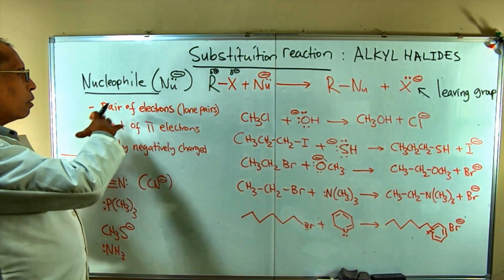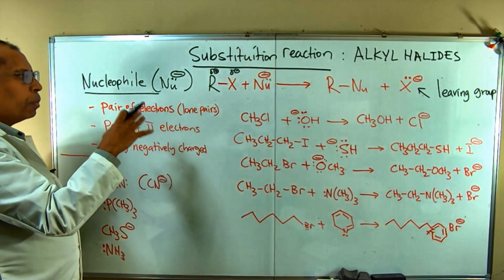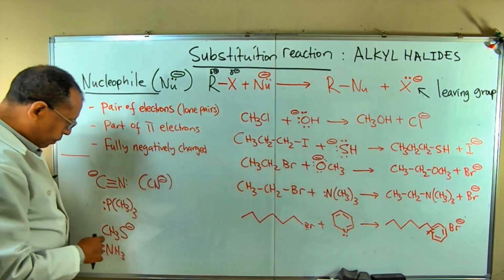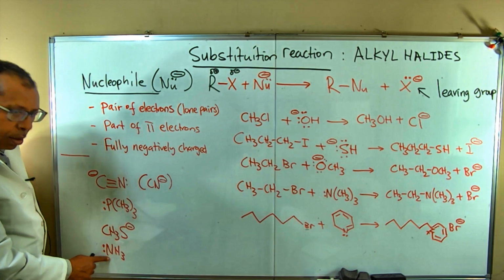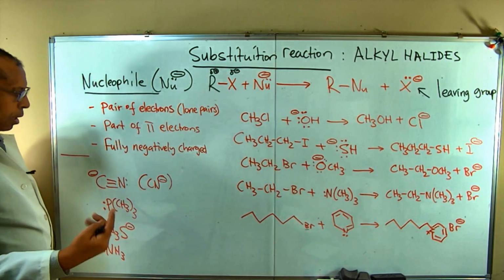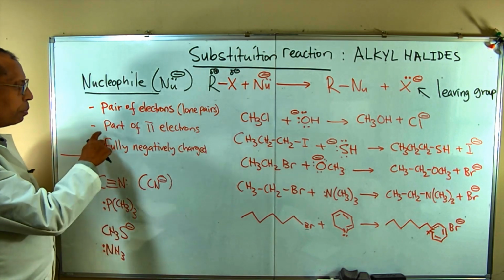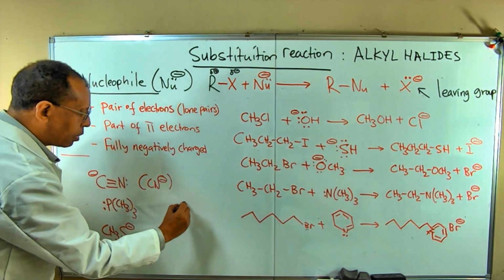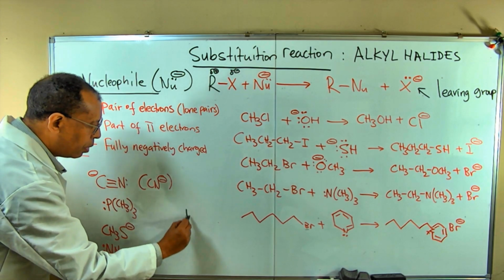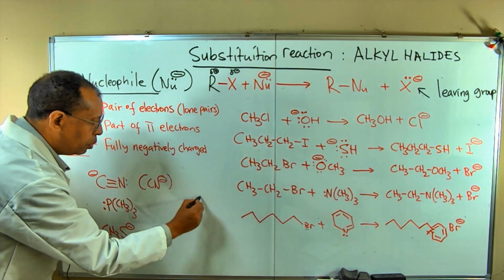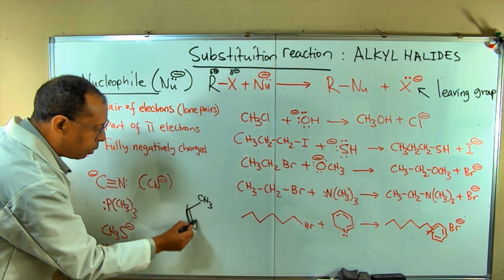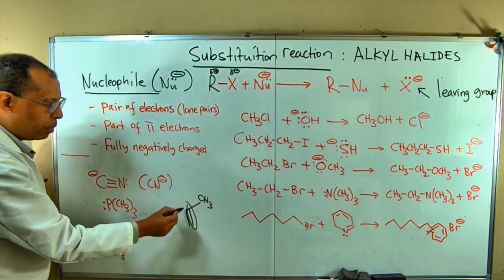As I said, nucleophiles can be with a pair of electrons, like ammonia here, for example, which has a lone pair of electrons on it and can be used as a nucleophile. Part of a pi electron, for example, if you have an electron-rich species like this, this pair of electrons is a part of the pi system.